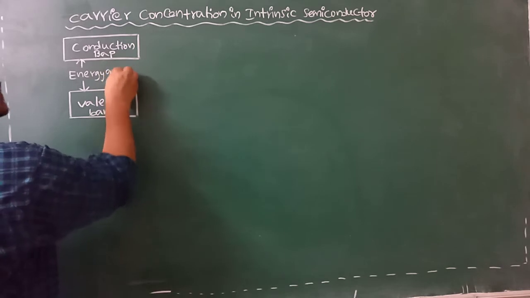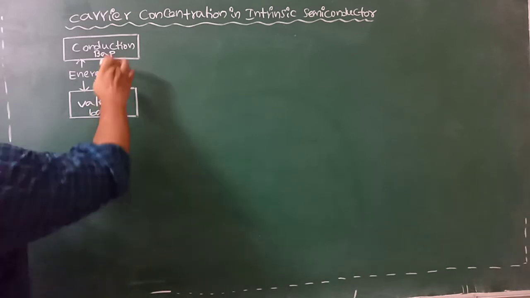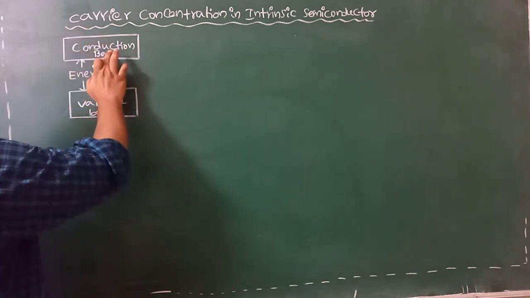In the case of intrinsic semiconductor, holes are present in the valency band and electrons are present in the conduction band.